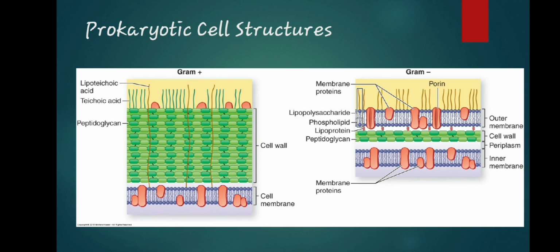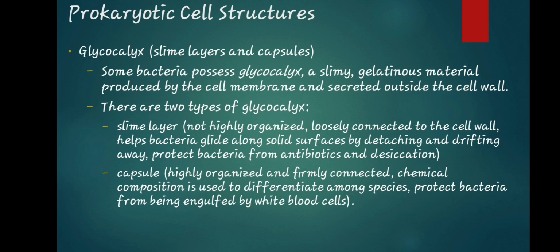So this shows the illustration of gram-positive and gram-negative. So the next is glycocalyx. Glycocalyx is a slimy gelatinous material produced by the cell wall and cell membrane, and secreted outside the cell wall. So glycocalyx has two types, the slime layer and the capsule.